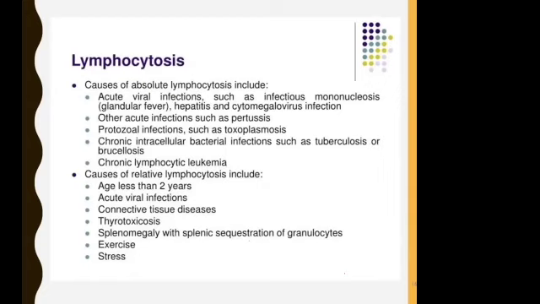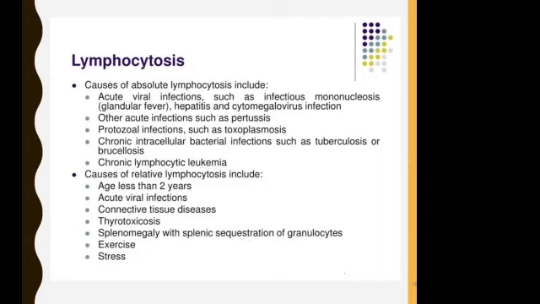Now, they would generally be increased in most infections because, as I said, this is how we fight off an infection, through the adaptive immune response. But it goes without saying that you're going to have a low lymphocyte count if you are experiencing human immunodeficiency virus, HIV.